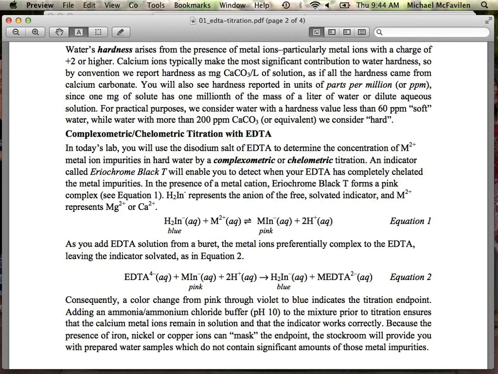Something in theory you knew before going into lab. And so you're going to be looking for that color change to determine when you've reached the endpoint, when the EDTA has completely removed all of the metal ion from the solution. Okay? One of the complications with this indicator is it's a little bit slower than phenolphthalein. So it takes a little bit more time to get that full color change. So as you add, you'll add slowly, do your constant swirling while doing it.